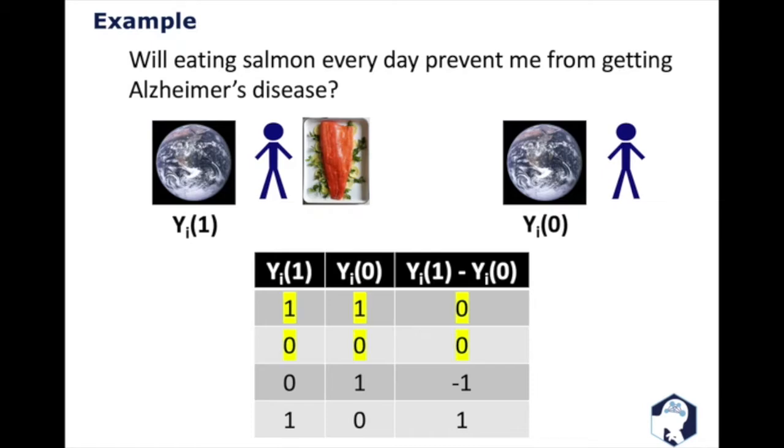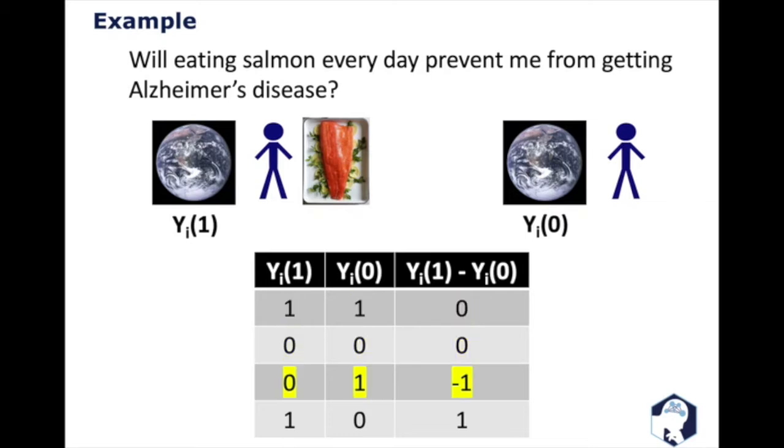In the first two situations, rows 1 and 2, eating salmon has no effect. So in the first row, I unfortunately get Alzheimer's disease no matter what. And in the second scenario, I don't get the disease, whether or not I eat salmon. So there's no individual level causal effect for me in those scenarios.